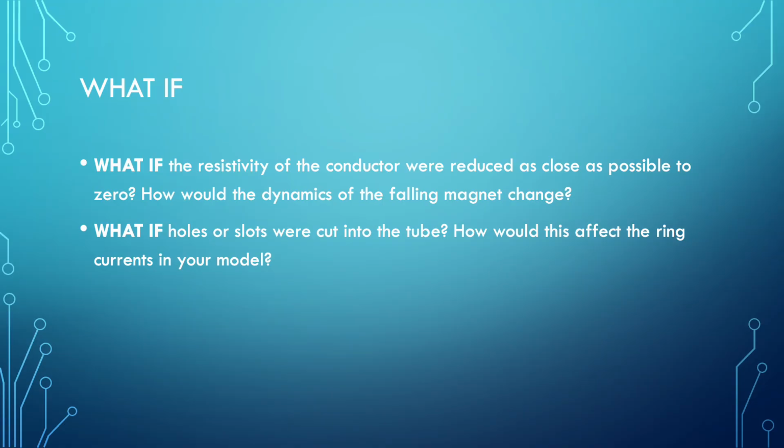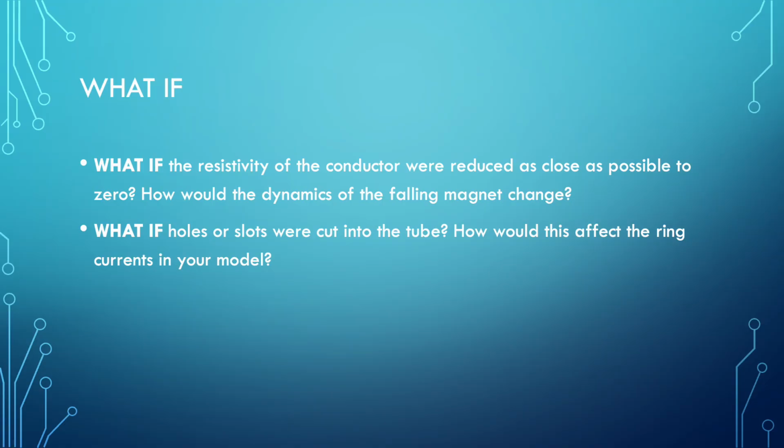And that means that the induced current is much greater, so the amount of force that it will then apply back onto the magnet to keep it from falling so quickly will be even greater. So our magnet will fall even more slowly.